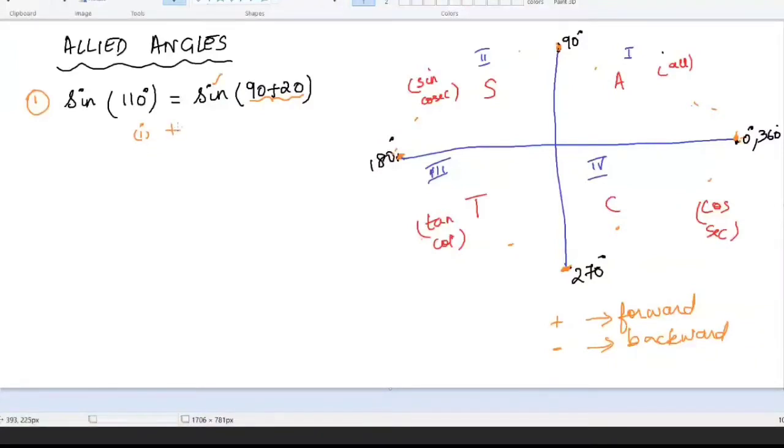First you have to do that much: check which quadrant and write the appropriate sign. Second step, check whether this particular angle, 90, lies on the y-axis or x-axis. If it lies on the y-axis, we change to its cofunction. If it lies on the x-axis, no changing to cofunction.